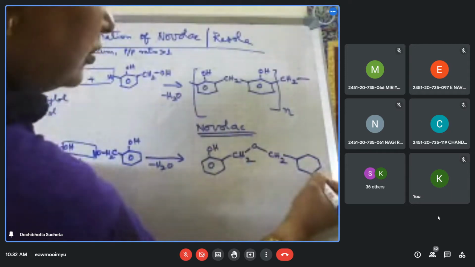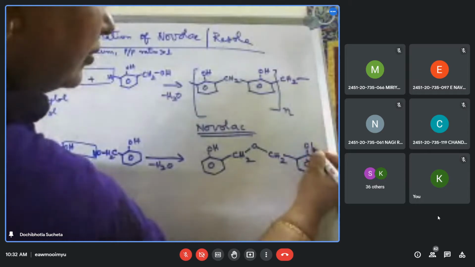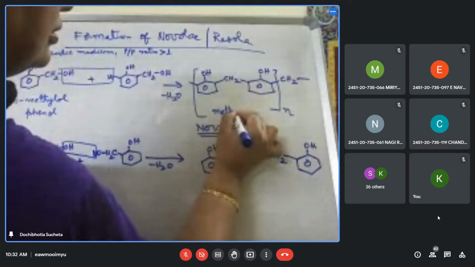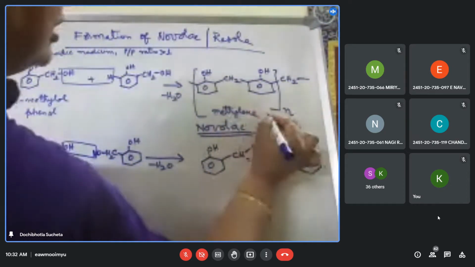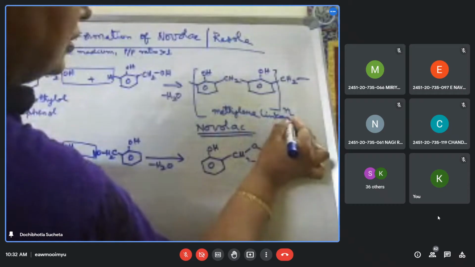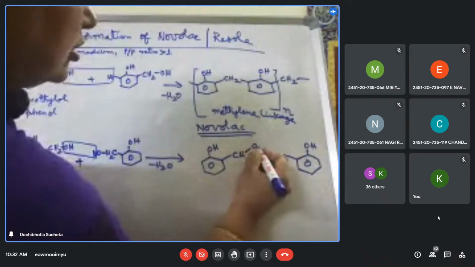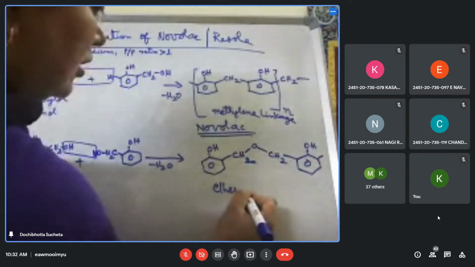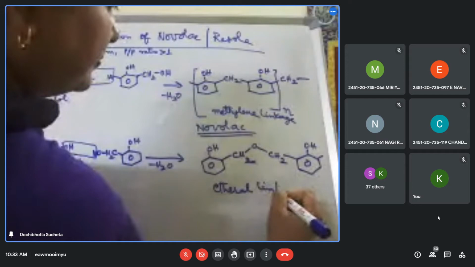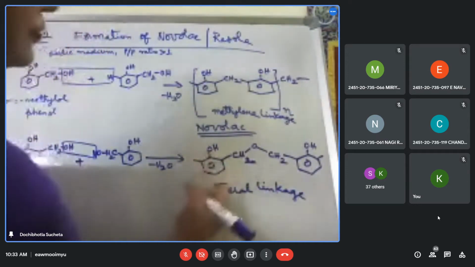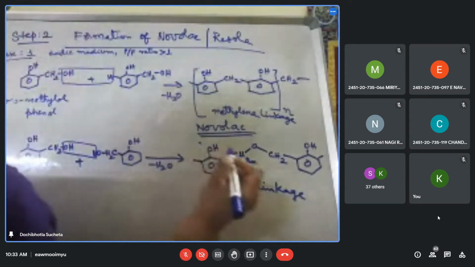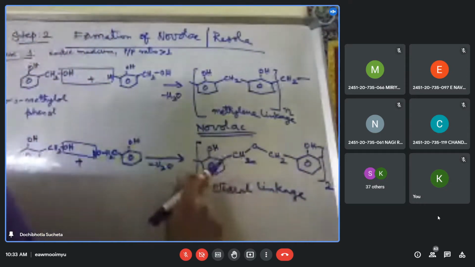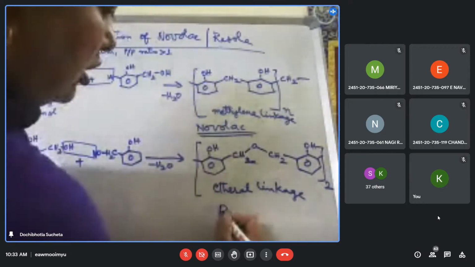This has a methylene linkage. This has a methylene linkage. This has an ethereal linkage. ROR is ether. Ethereal linkage is possible in the case of case 2. This is called resol.